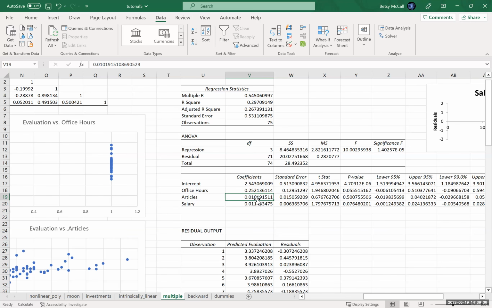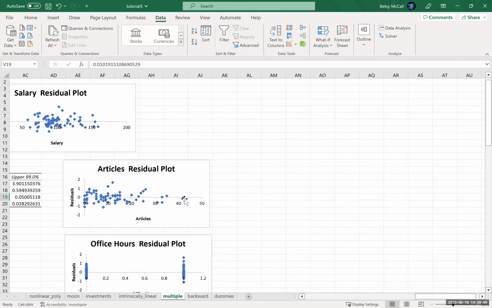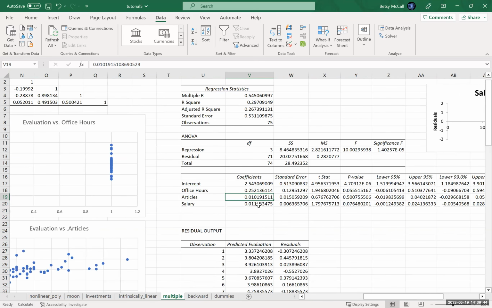If you publish a lot of them, like people out here on the end, then your evaluation score apparently is going up by quite a bit more. So you can gain a whole half a point just for being famous and having a lot of articles out there. But any one individual article is not going to change your evaluation score by very much.